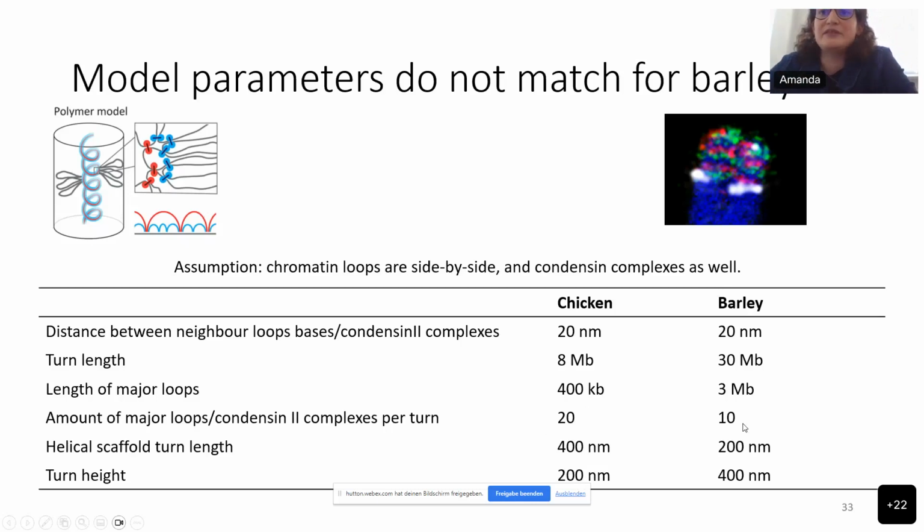But for barley the opposite happens. So we have a turn height that's 400 nanometers and a helical path that can only cover 200 nanometers. So it simply didn't match, filling the helical turn with condensins side by side. So we thought, well, maybe they're not side by side.